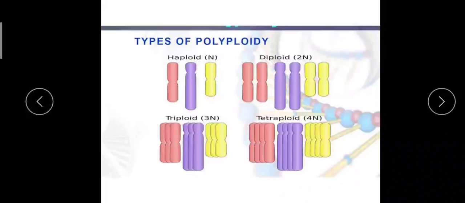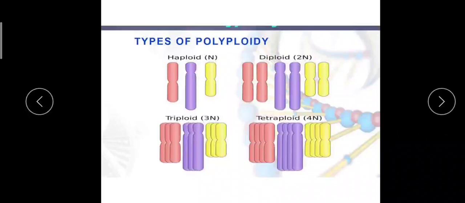Another term you have to be clear with is monoploid. Monoploid is the cell in which the chromosome number is the basic number; the basic set of chromosomes is called monoploid. Say, for example, one example we can quote is wheat, a species of wheat, Triticum vulgare, or another species, Triticum compactum.